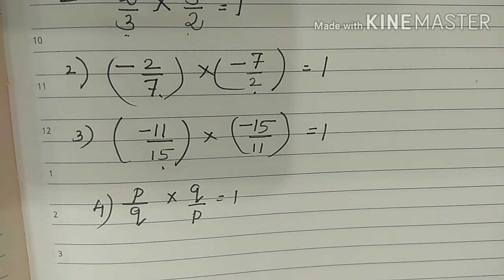That means p by q and q by p are multiplicative inverse of each other. Multiplicative inverse is also called a reciprocal. So in order to find the multiplicative inverse of any rational number, what you have to do is just invert it. Change the numerator and the denominator. That's all.